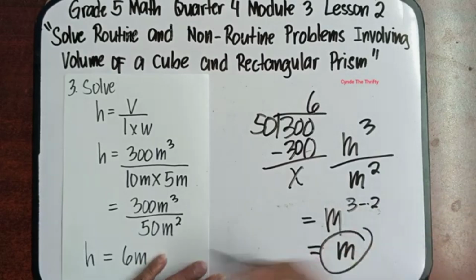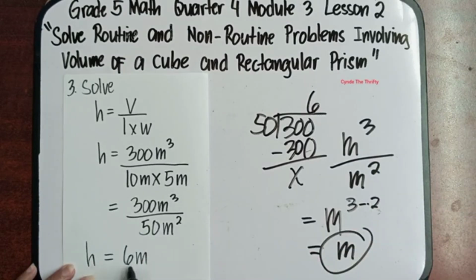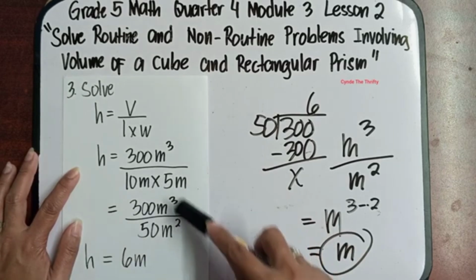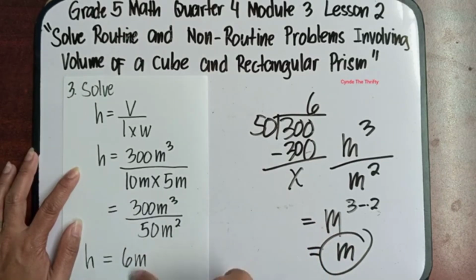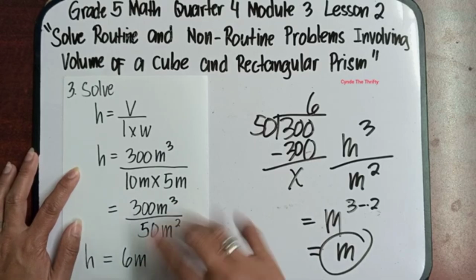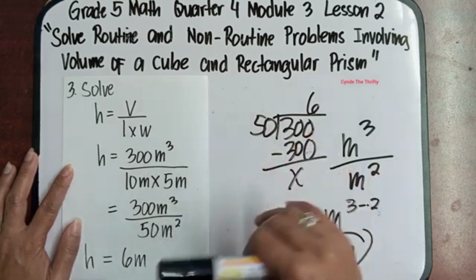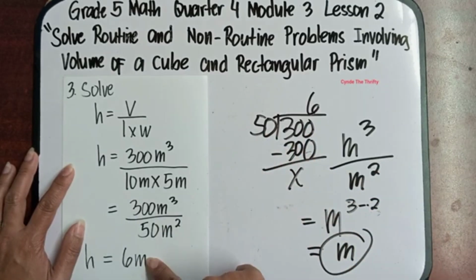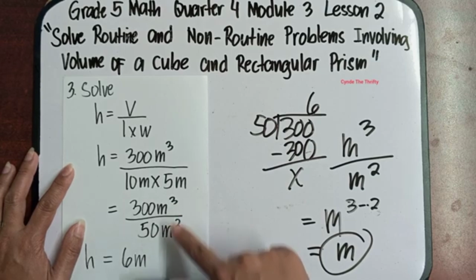Kaya naging meter na lang yung sagot natin, or ang height natin is 6 meter. Again, kapag nag-divide ka ng exponent, isi-subtract mo sila. Kaya meter na lang yung naiwan kasi 3 minus 2 is equal to 1. Ang lesson na yan about exponents is nasa grade 7, I think. Pero at least, alam natin kung bakit naging meter na lang yung naiwan.